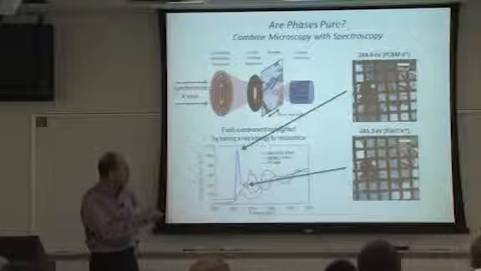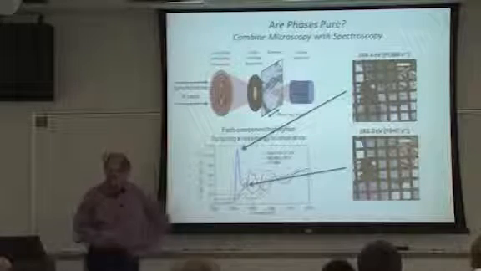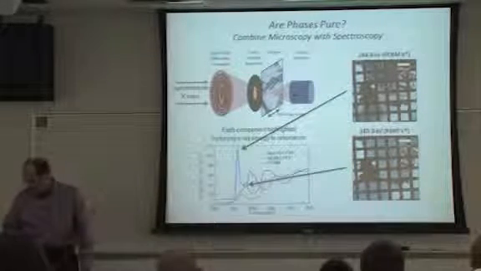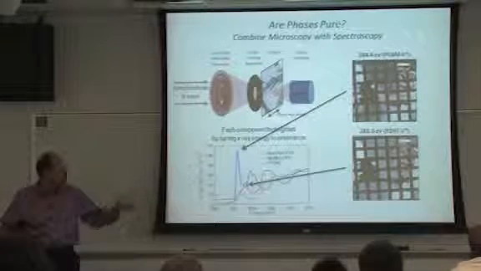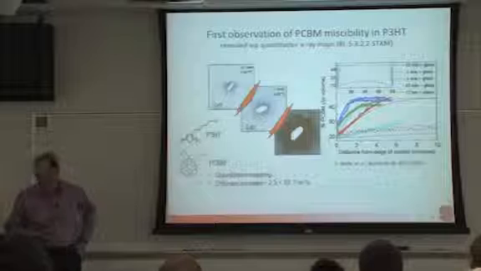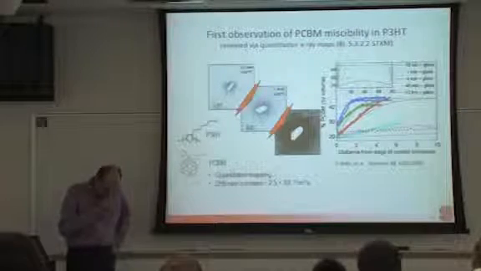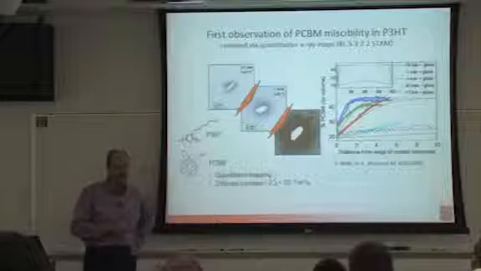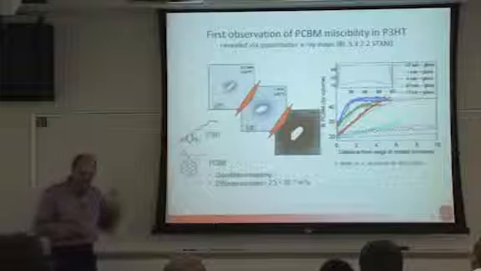If you map this at the P3HT absorption edge, you see sort of a more uniform matrix background because you're not sensitive to the PCBM, but you can take spectra, line spectra and all that and do this quantitative.